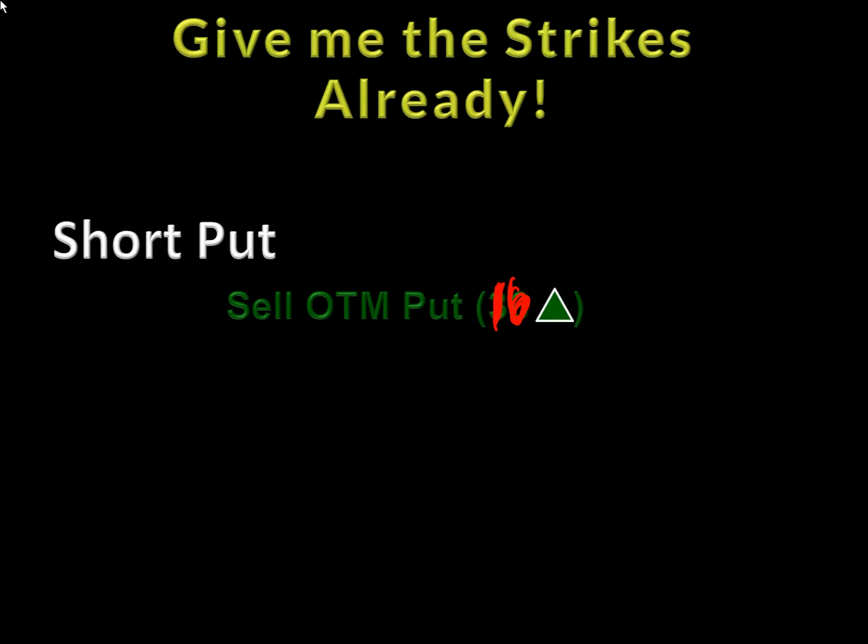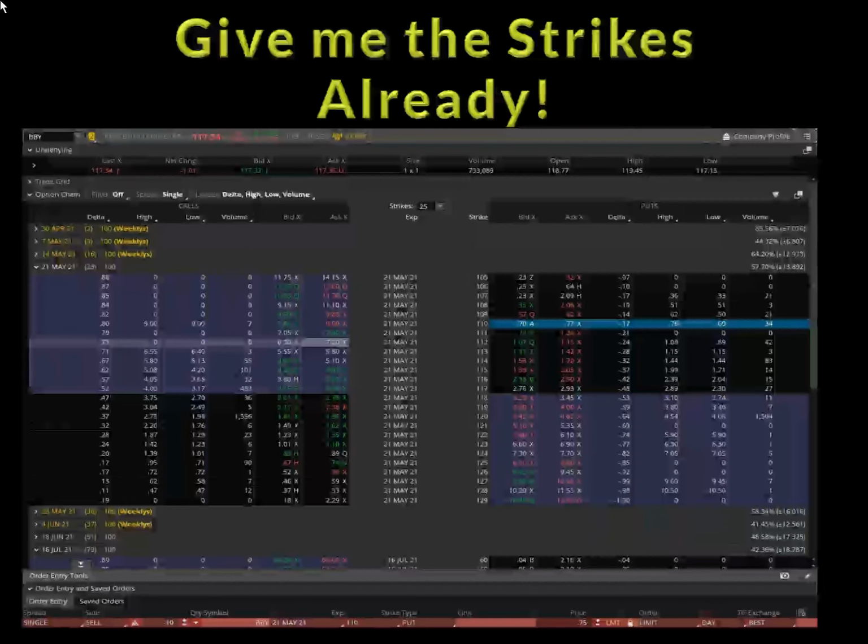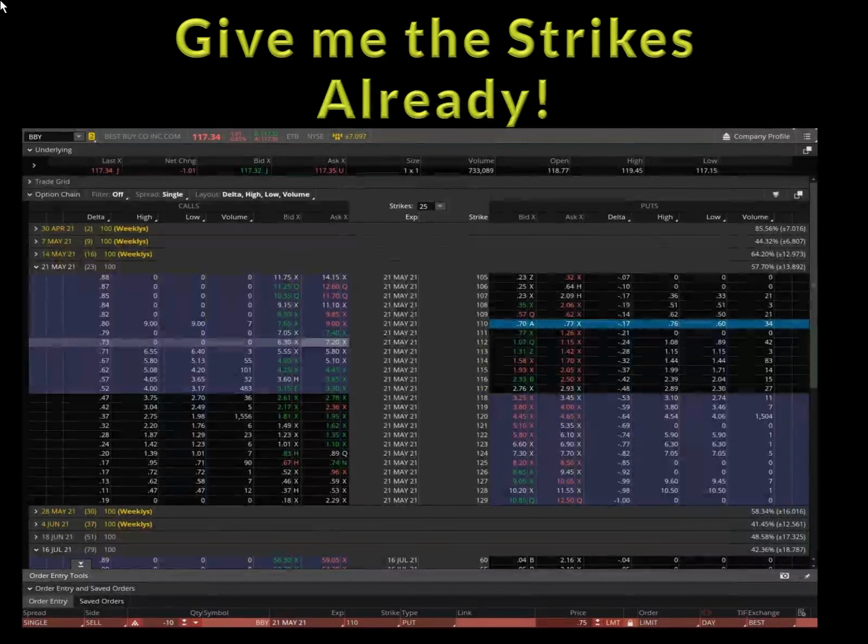Therefore, if it's a 16 delta and it's trading around 30 cents, I'm probably going to lean towards a closer to the money option, maybe an 18-20 delta. I'll always lean a little bit closer to collect that little extra premium. So for instance, in this one, I would rather lean towards the 17 delta versus the 14 delta if I had to pick them here.